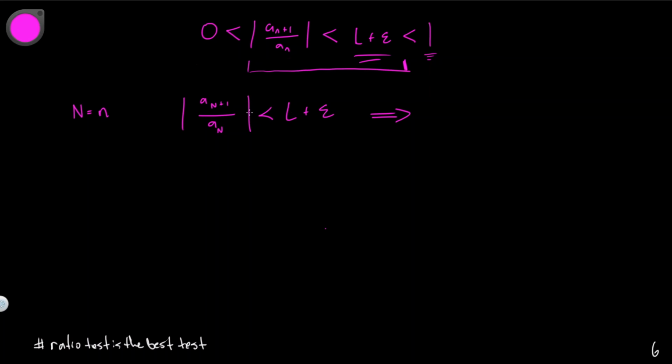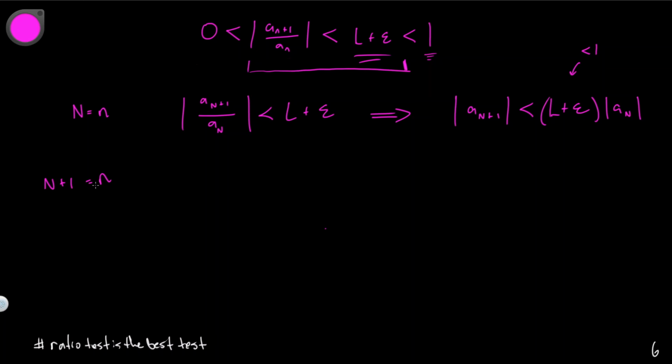I'm going to multiply both sides of this inequality by the absolute value of a sub N. So we're going to have a sub N plus 1 is less than or equal to L plus epsilon times a sub N. And remember, L plus epsilon is less than 1.